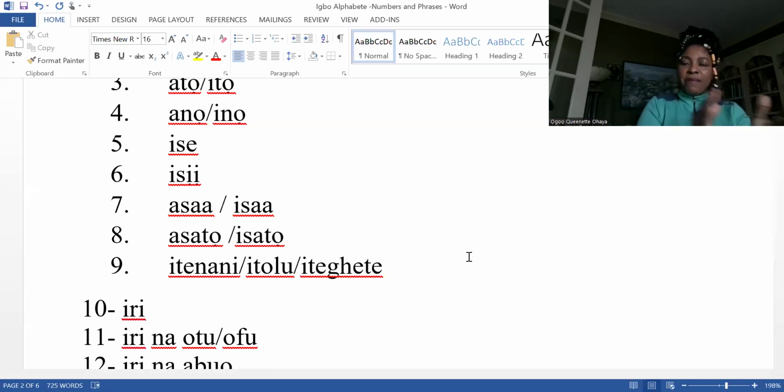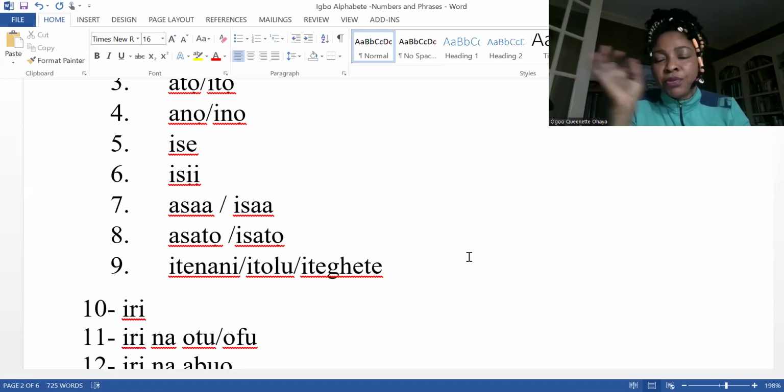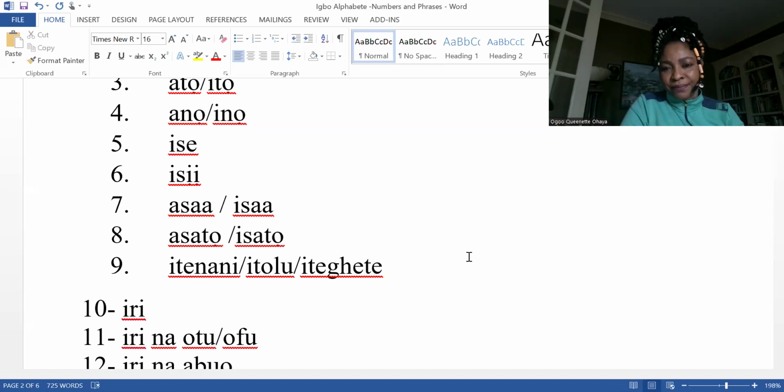There you go, Amarachi. Dalu. Now, Amarachi, gịnị bụ 20? 20 bụ iri abụọ. There you go. See, there's a difference between the whole number and when you're adding a number to it.